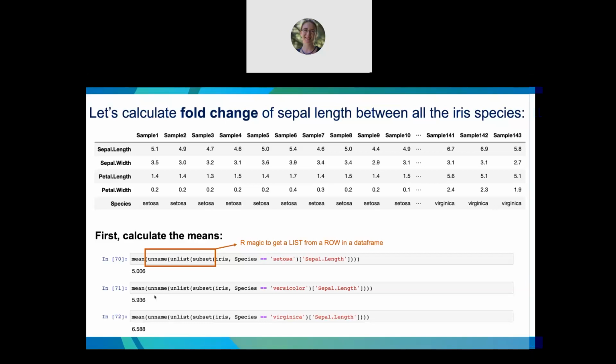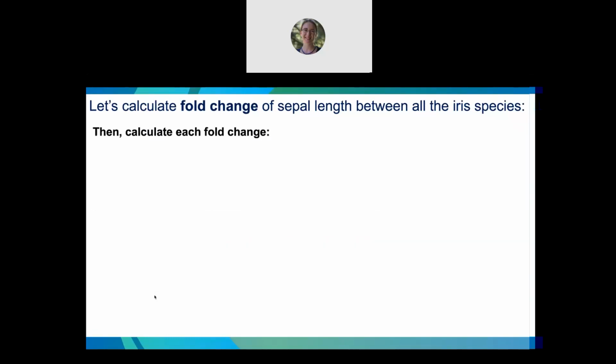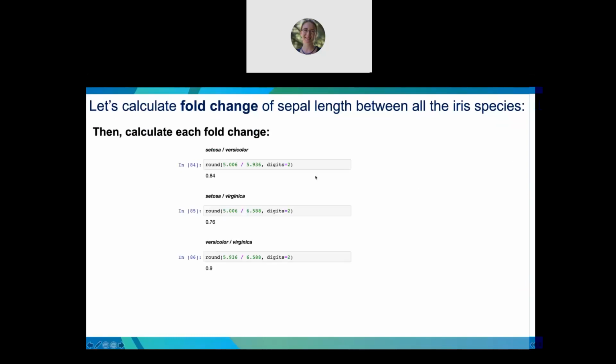If we were interested in calculating the fold change of the sepal length between all the iris species, we would then simply, and I've done this again in an R Jupyter notebook, take the ratio of the means, rounded to 2 digits using the round function in R, to which you pass the value you want to round and the number of digits to which you wish to round.